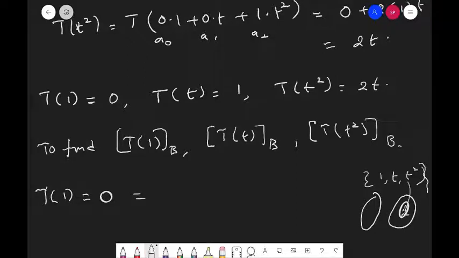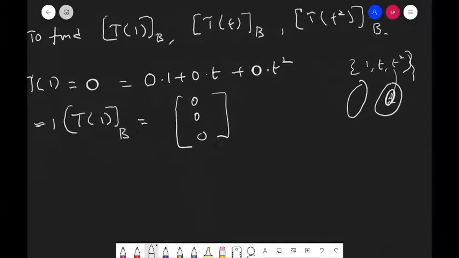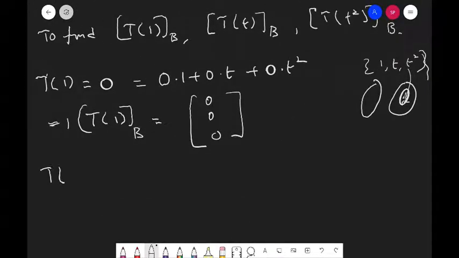So I will write it as 0 into 1 plus 0 into t plus 0 into t square. That implies the coordinate vector of T of 1 with respect to B will be equal to 0, 0, 0. Then next, T of t is equal to 1, so I write 1 into 1 plus 0 into t plus 0 into t square.